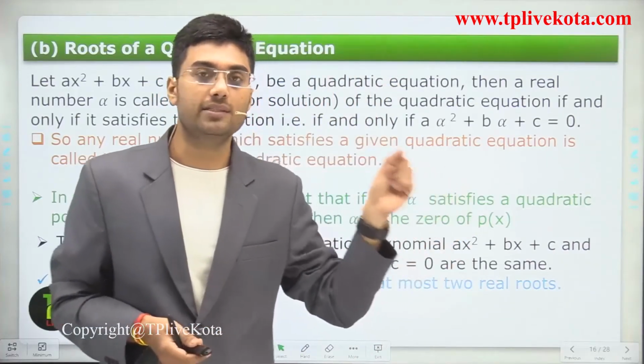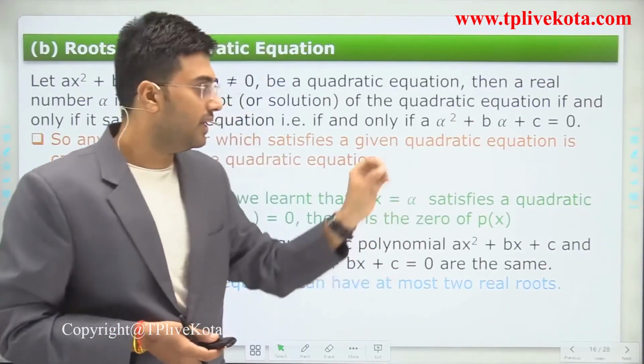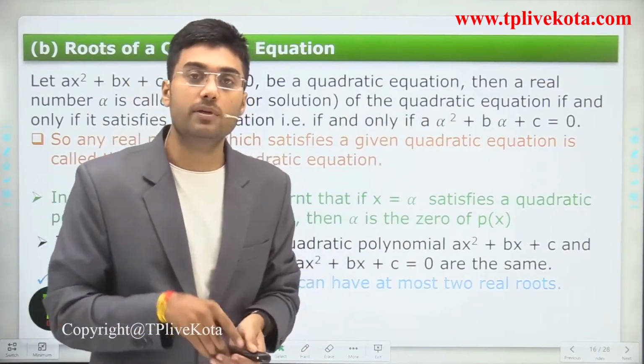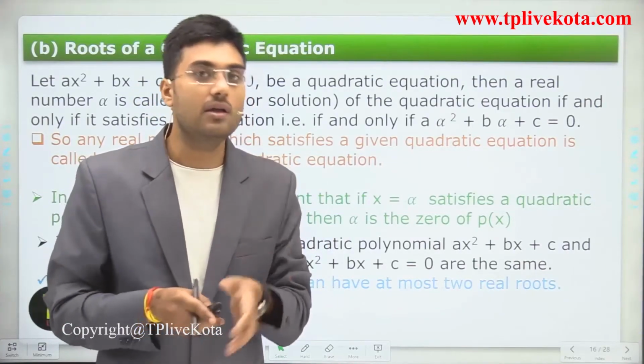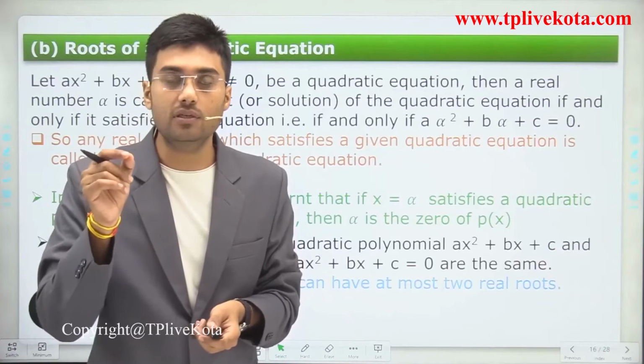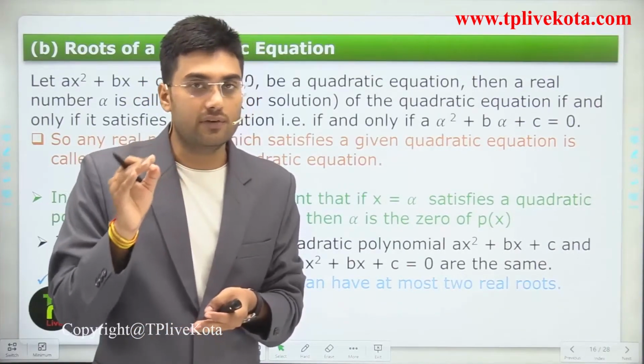Here we replace x with alpha in the given quadratic equation, and if a alpha square plus b alpha plus c equals 0, then we can say that x is equal to alpha is a root of this equation, or we can say x is equal to alpha is a solution of the given equation.